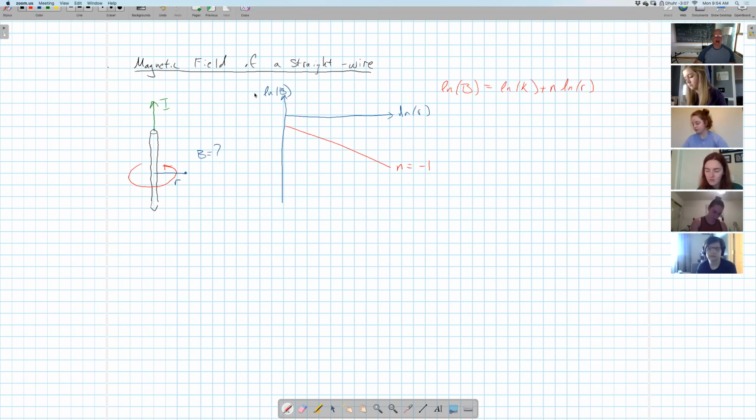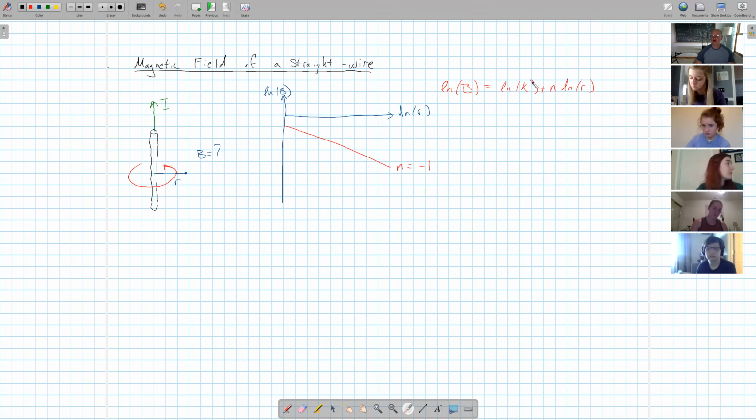In the lab, you're supposed to plot the natural log of the magnetic field versus the natural log of the position, because we were using that the natural log of B was equal to the natural log of K, whatever K is, that's just some constant, plus n times the natural log of R. Remember that we're writing that B was equal to some K times R raised to the nth power.